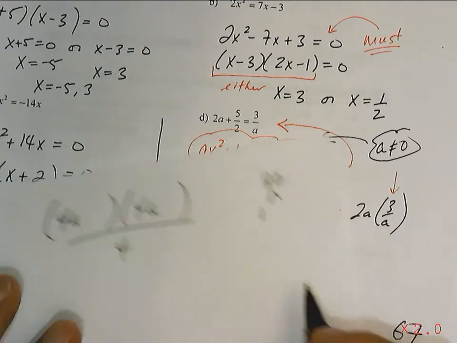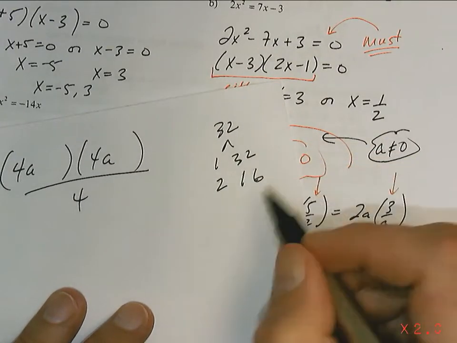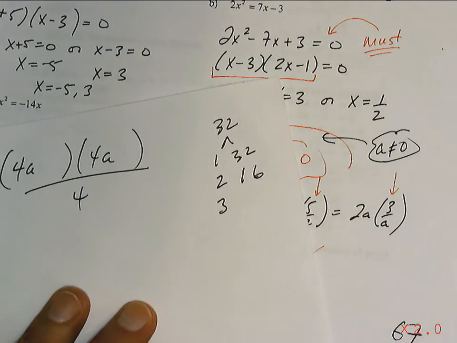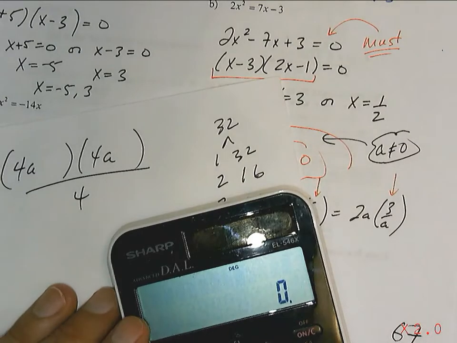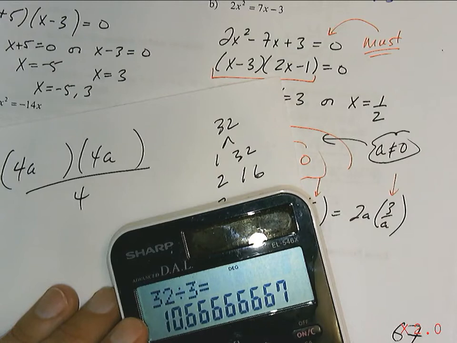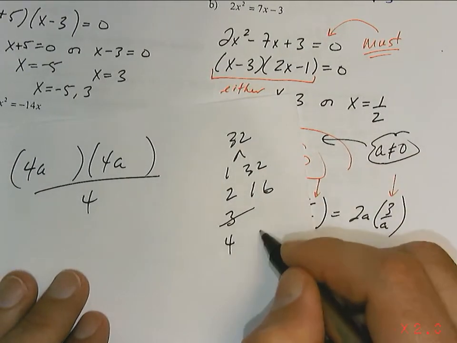So 1 and 32, 2 and 16, 3 and I don't know, so I'm going to grab a calculator. So I do 32 divided by 3, and it doesn't go evenly. So 32 divided by 4 is going to be 8.